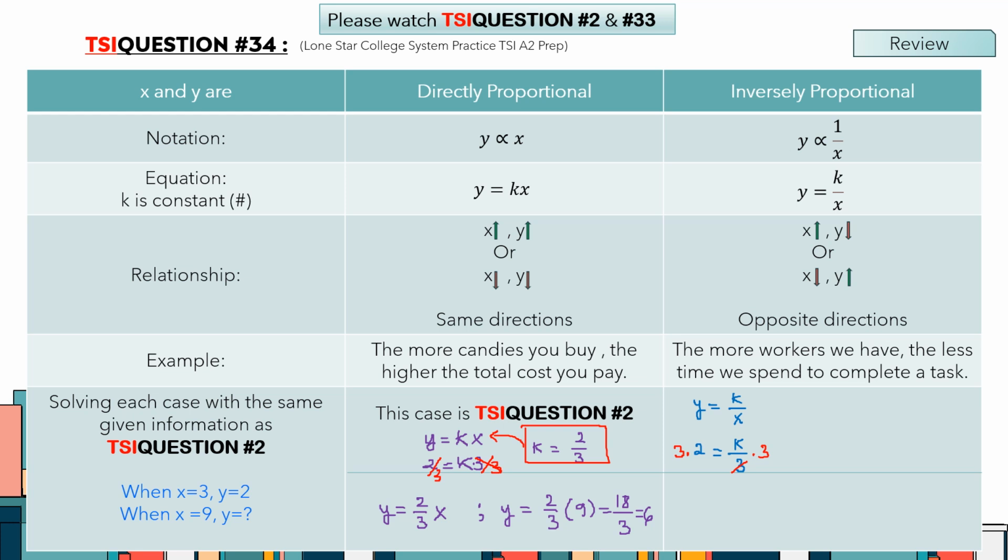So that 3 and that 3 are cancelled. Now your k is equal to 2 times 3, or 3 times 2, which is 6. So we plug that k in here to find the formula. So we have y equals 6 divided by x.